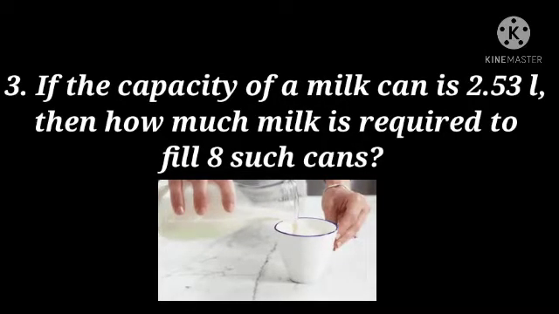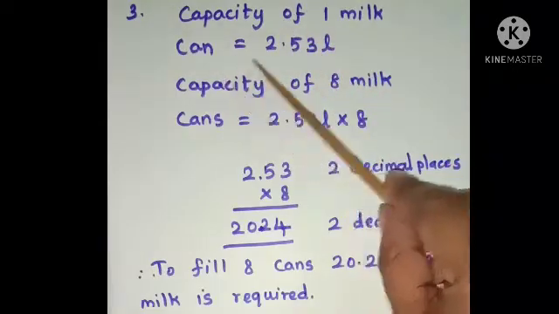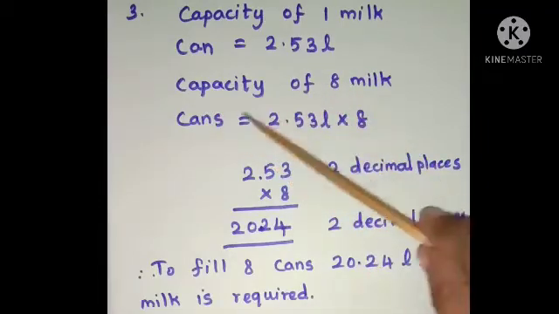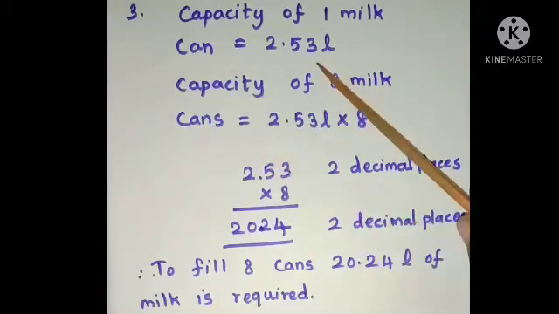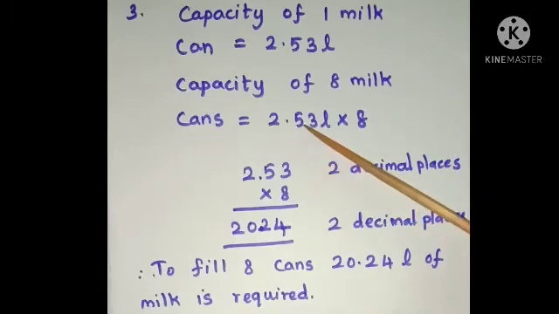So multiply 2.53 with 8. Capacity of 1 milk can is 2.53 liters. Capacity of 8 milk cans will be, yes, we have to multiply the capacity of 1 milk can with 8. So we get 2.53 liters into 8.